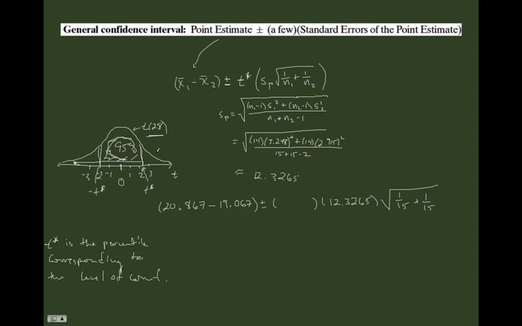So what percentile is that? If we have 95% of the area between negative t star and t star, that leaves 5% to be split equally between the two tails. So that means we have 2.5% plus 95%. So t star in this case is the 97.5th percentile.